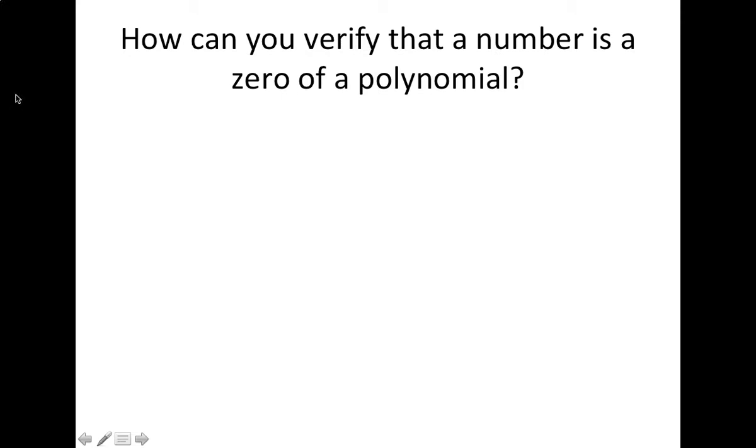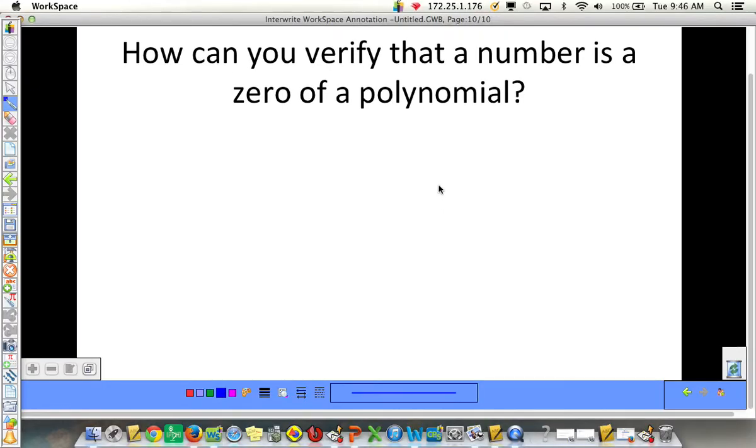How can you verify that a number is a 0 of the polynomial? So just like we've done before, you can divide using synthetic division or long division, and if the remainder equals 0, it's a 0.